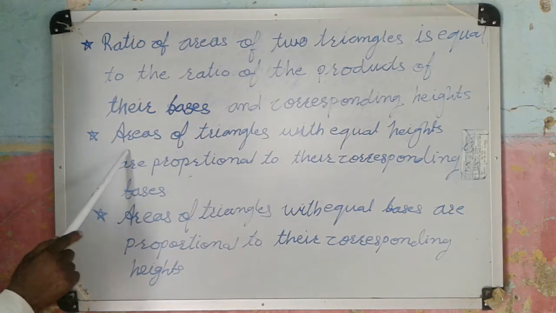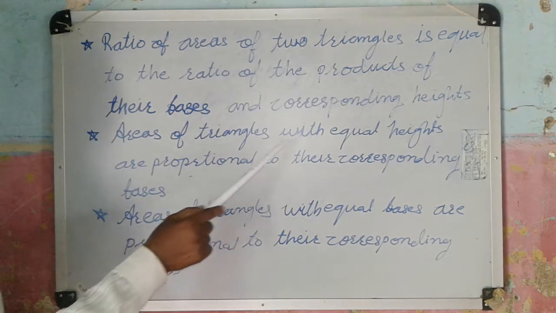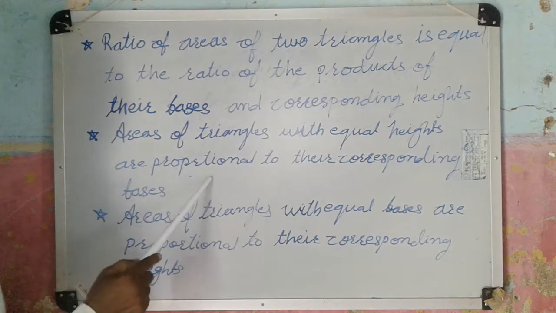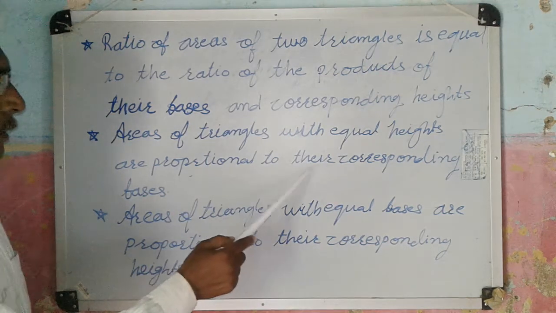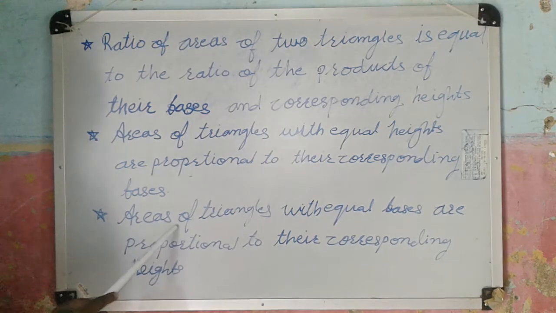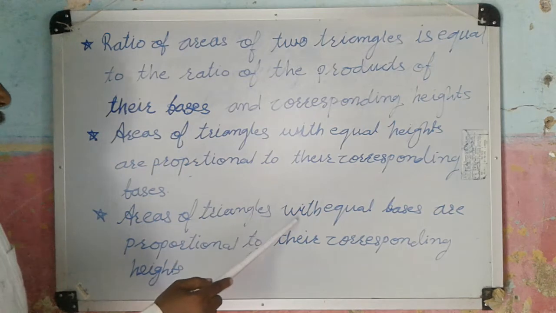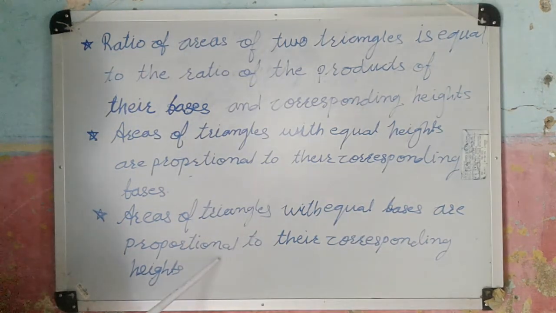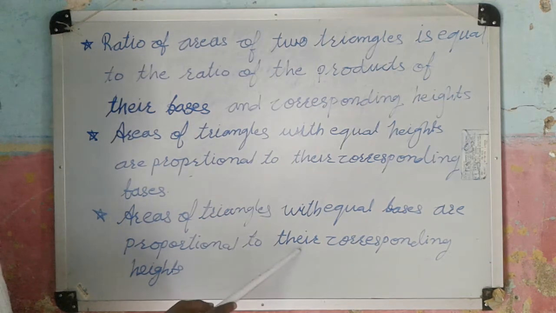Second, areas of triangles with equal heights are proportional to their corresponding bases. And third property, areas of triangles with equal bases are proportional to their corresponding heights.